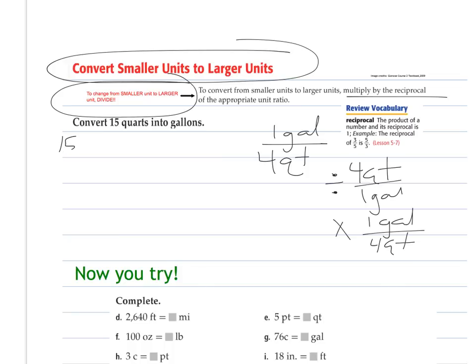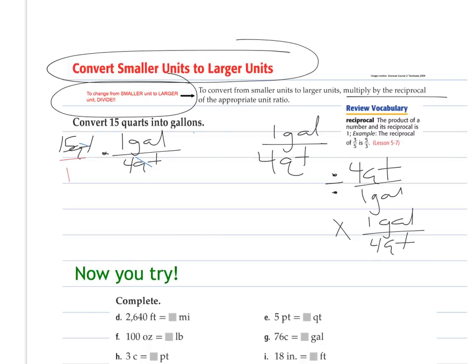So I have 15 quarts, and I want to be canceling the quarts. So I'm doing times 1 gallon for every 4 quarts. So quarts go away.